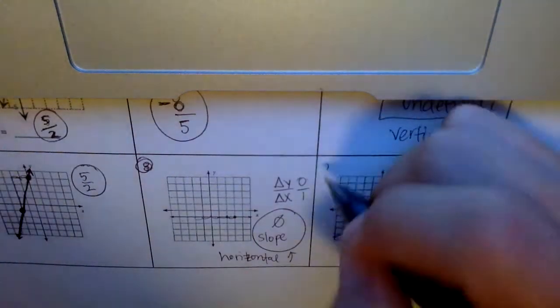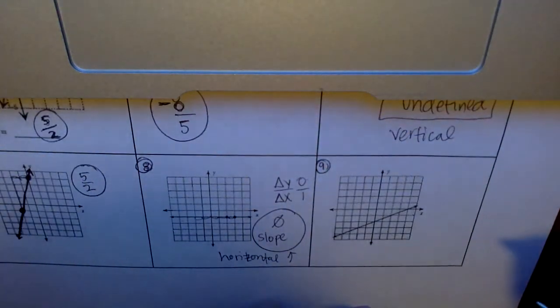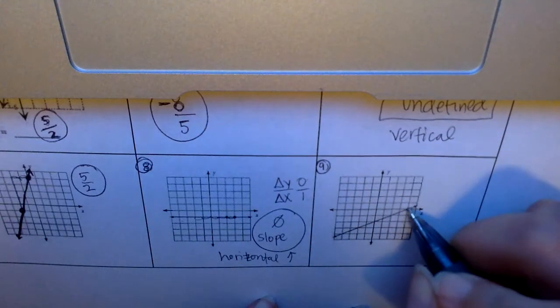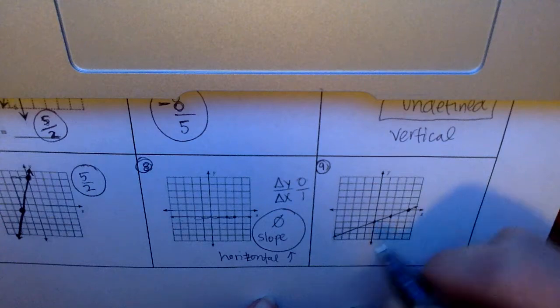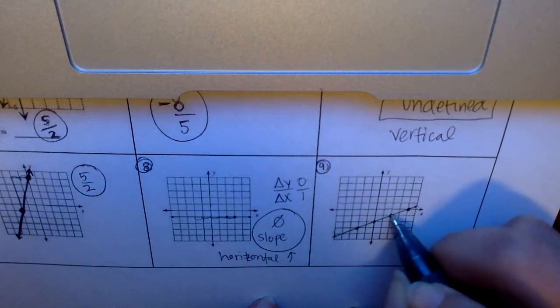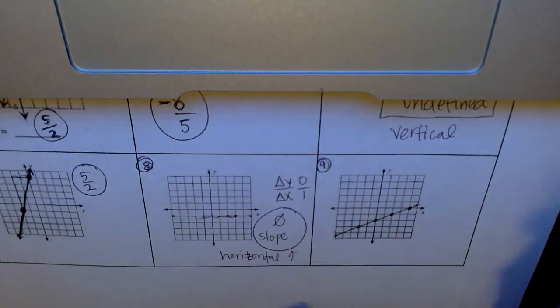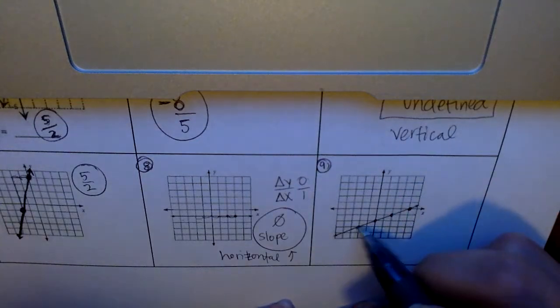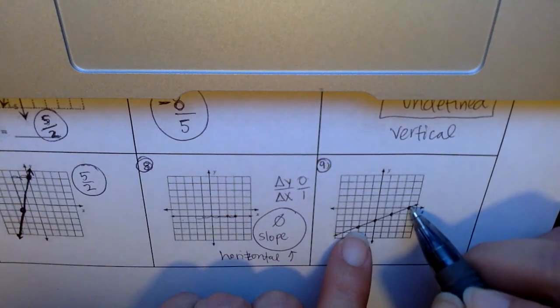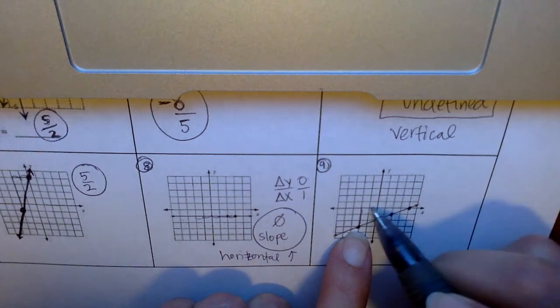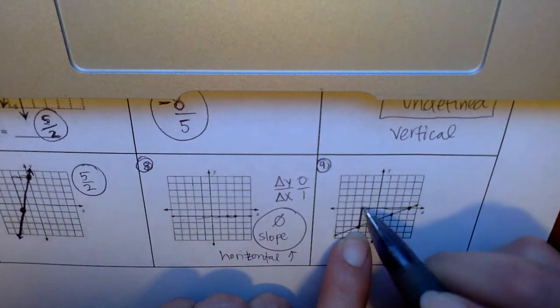All right, and then this last one, number 9. Find 2 points that intersect nicely, there's 2, there's 1. So there's several here. And it's up to you. I'm going to show you both. You could take the farthest left and the farthest right, and we could make one big triangle.